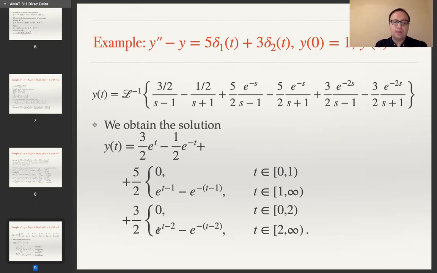This is because the inverse Laplace transforms of these more complicated terms change at 1 and at 2. So these are the two transition points where the function changes.